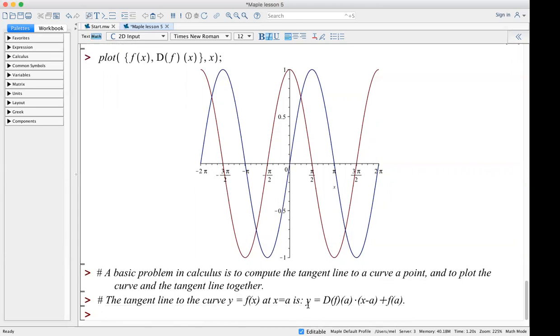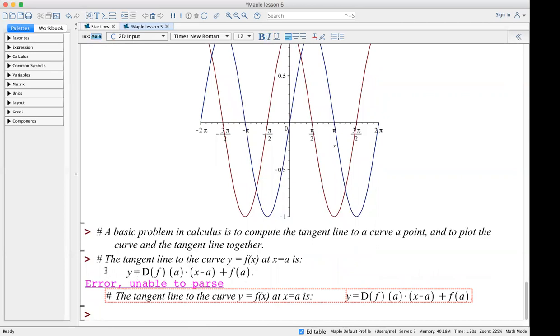So this is the basic formula that you really need to know very well. This is the equation of the straight line through the point a comma f of a with slope, which is the derivative, because the slope of the tangent line is the derivative.